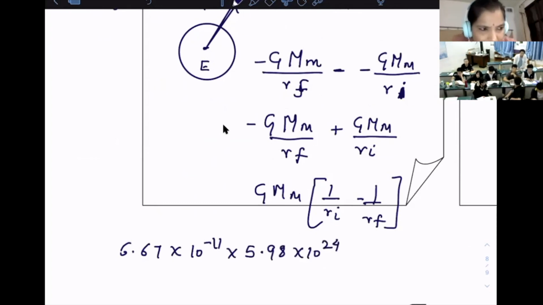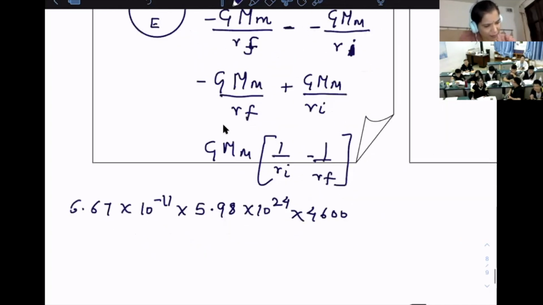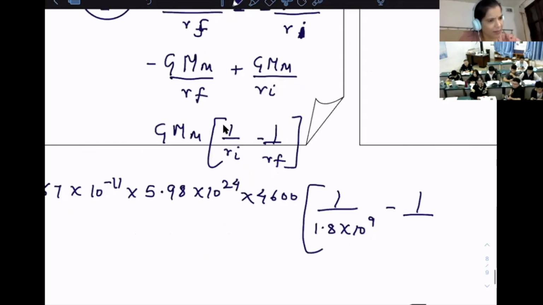How much? 5.8. 5.8 times 10 raised to the power of 10.